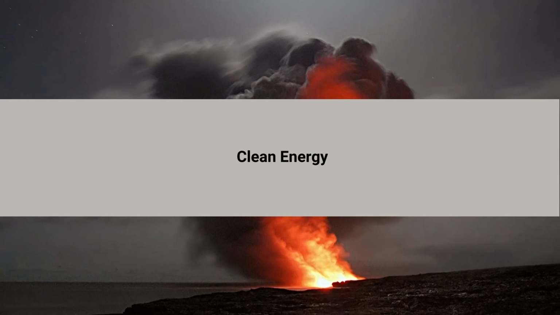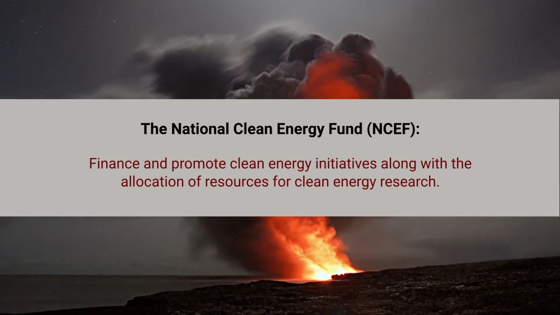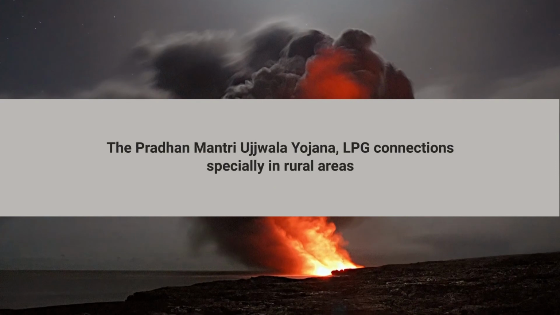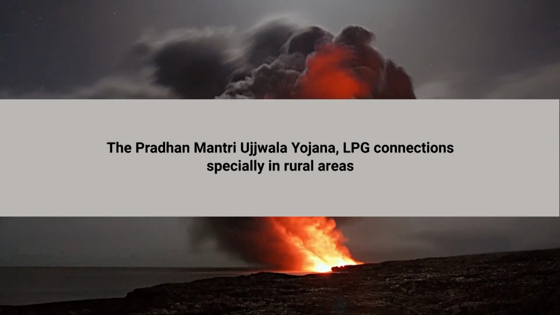To bring clean energy, the National Clean Energy Fund helps to finance and promote clean energy initiatives along with the allocation of resources for clean energy research. The Pradhan Mantri Ujjwala Yojana scheme gives LPG. Under this scheme, LPG connections are given especially in rural areas.